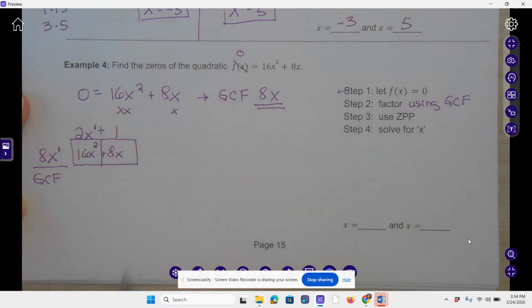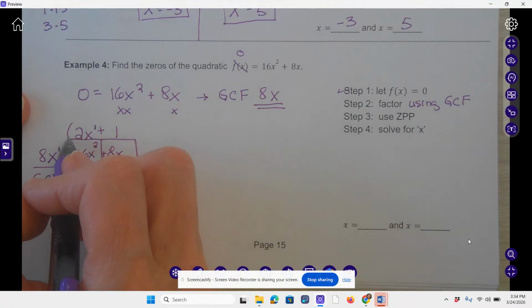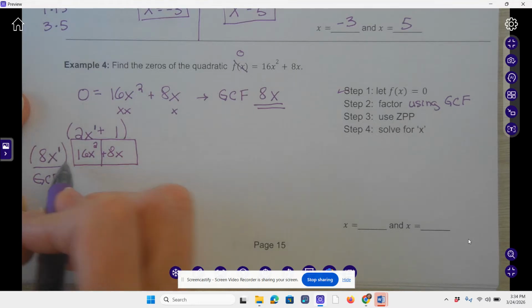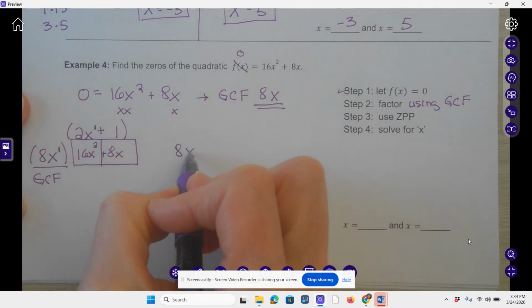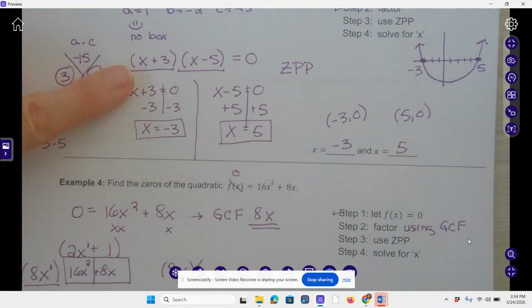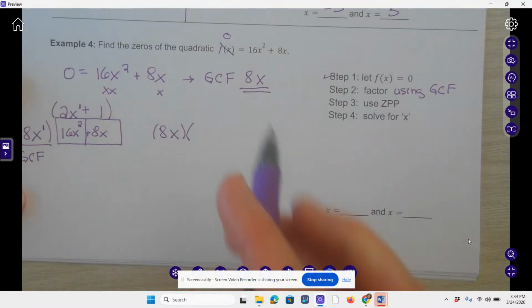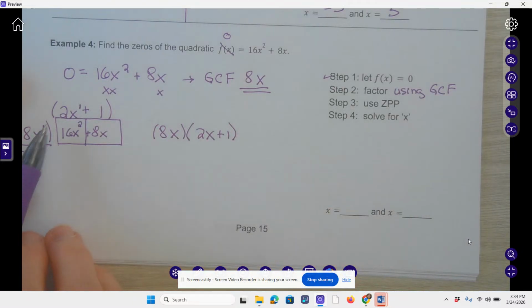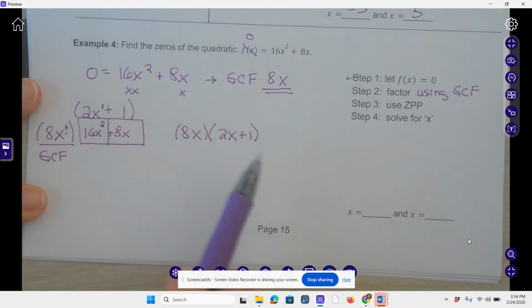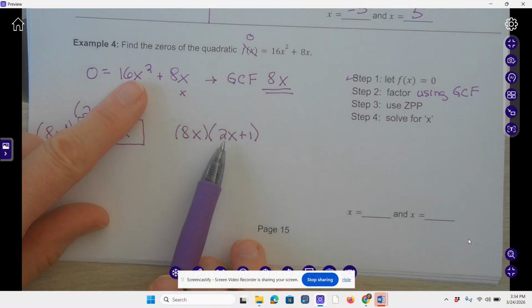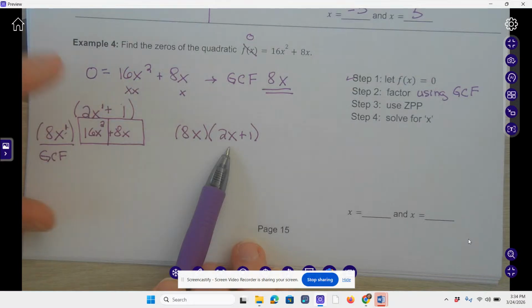Well, that's just going to be 1. So in factored form, remember your factors are everything outside the box. I'm going to put them both in parentheses. We'll do it so it's similar to what we do up here. 8x times 2x plus 1, so those are my factors. And remember, this is the same as the binomial we started with. This is in factored form. This was not factored.